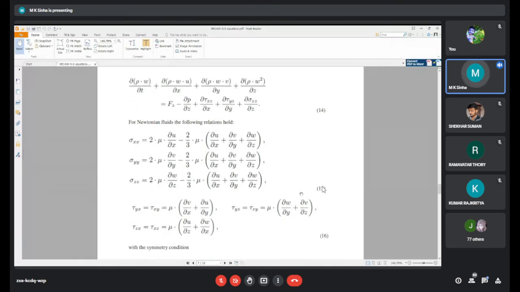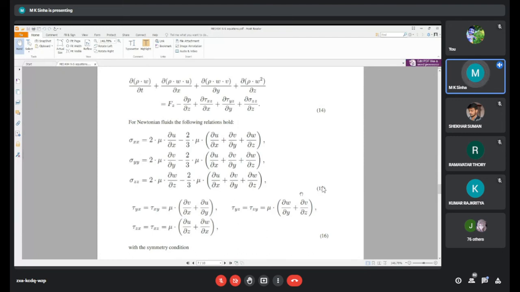So these relations: sigma xx, sigma yy, sigma zz. Both subscripts are the same, xx, yy, zz. In engineering mechanics terms, that is the normal stress.